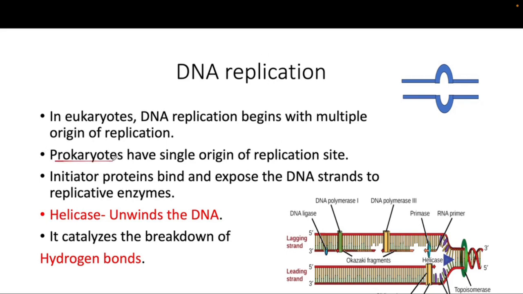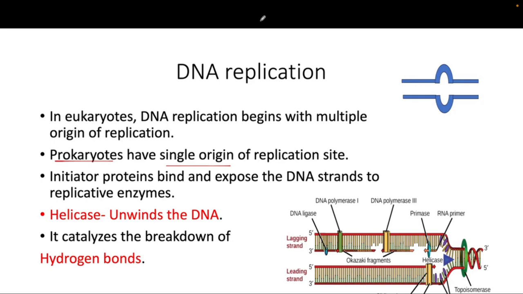Whereas in prokaryotes there is only a single origin of replication, because prokaryotic DNA is circular and small, so having multiple sites does not make sense because the genome is very small.